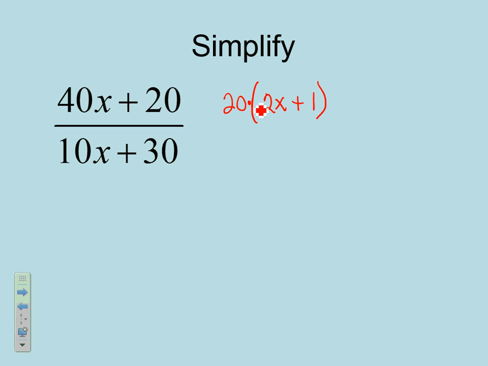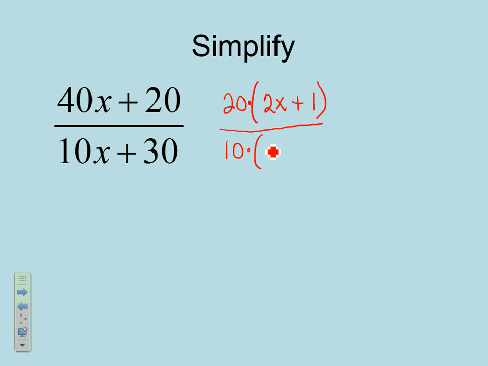These two things are factors. Yes, this is a term inside a parenthesis, but the whole parenthesis is one factor all together. What about the bottom? I can take a 10 out.